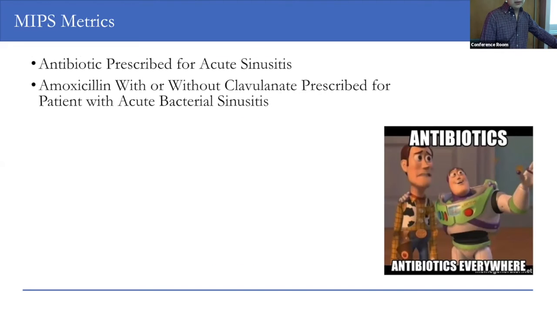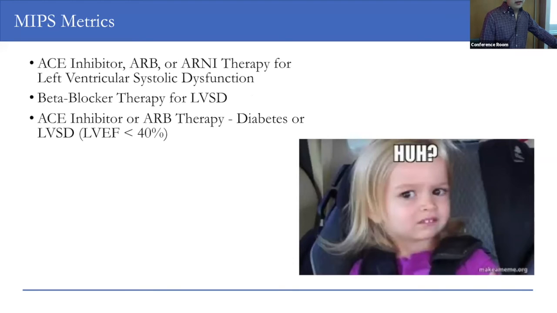Like the hospital program, there are also metrics for appropriate use of antibiotics. One thing I thought was interesting was that they are going to look at the use of amoxicillin versus Augmentin for bacterial sinusitis, which seems pretty granular to me. And then another group of metrics I thought was pretty mind-blowing.